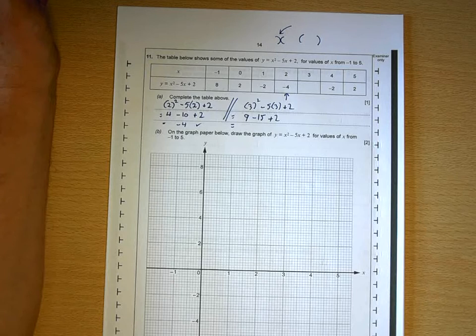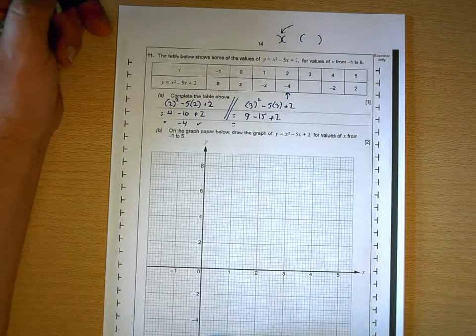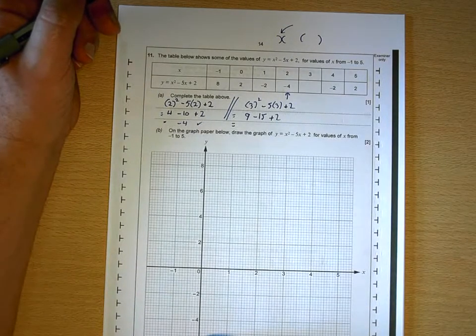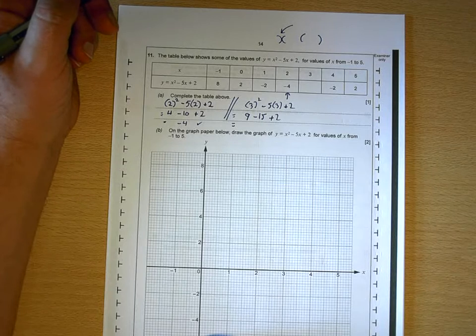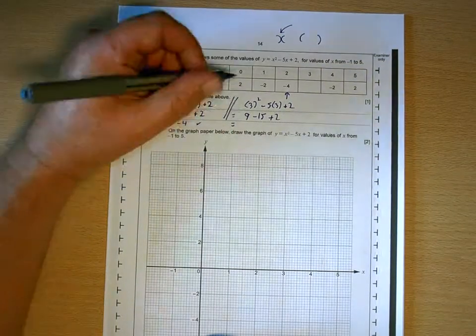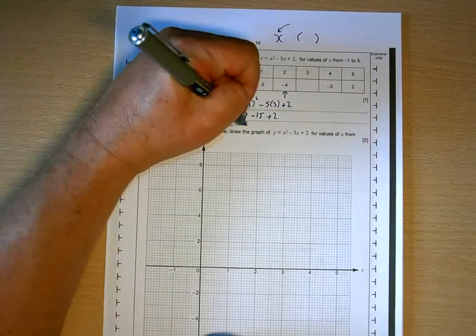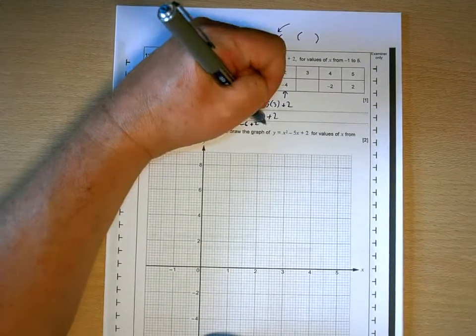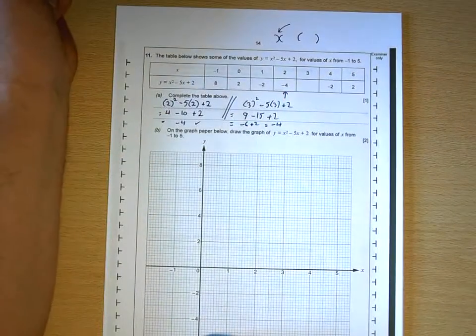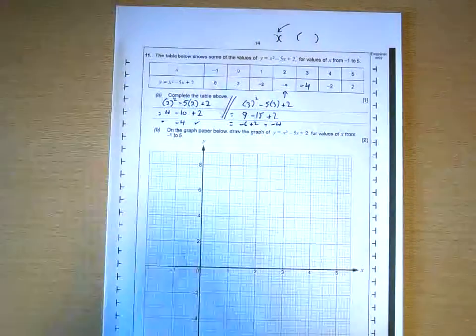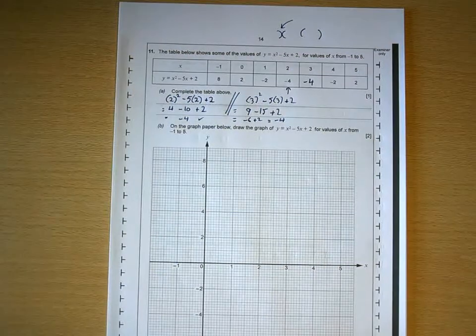Hold on, what have I done wrong there? Sorry. It's negative 6. Sorry, 9 take away 15 is negative 6, plus 2, which is negative 4. So that value is negative 4 as well.